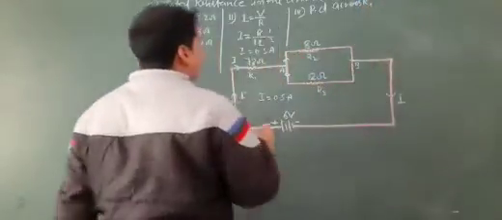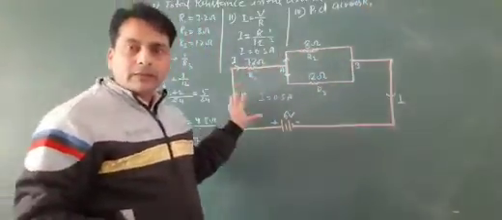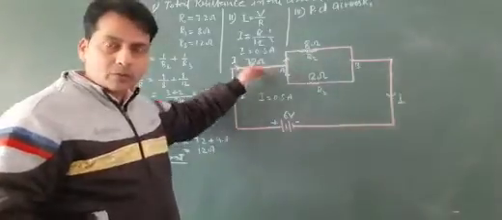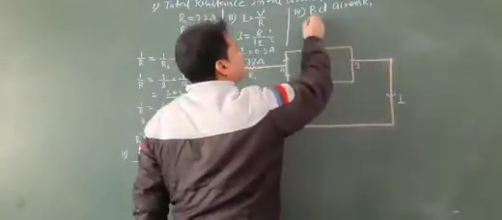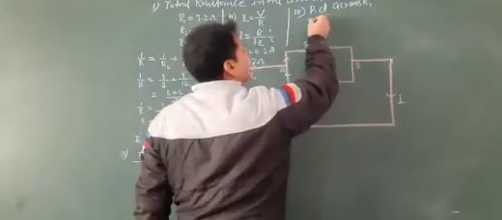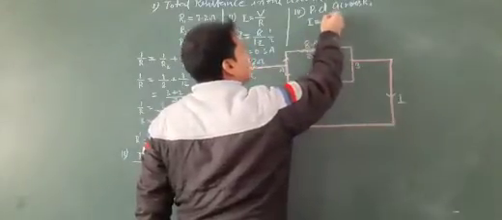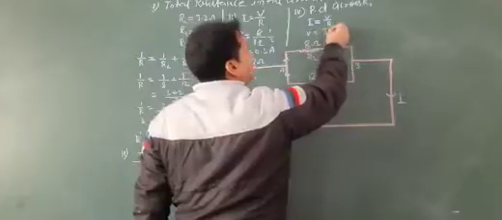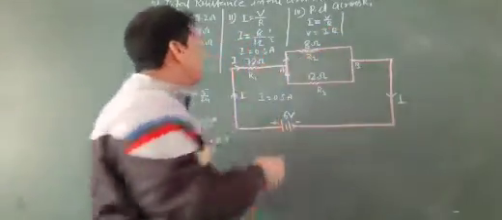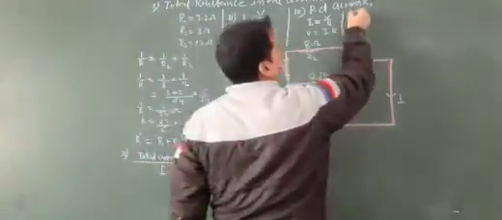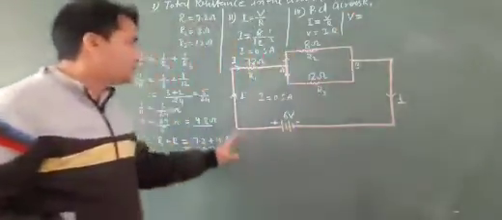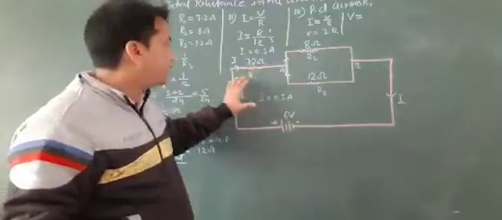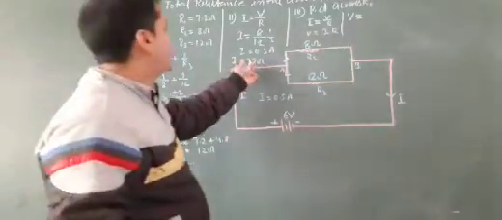The value of R1 is given here as 7.2 ohm. I, the net current or total current, flows through the 7.2 ohm. Since I equals V by R, V equals I into R. The potential difference across the 7.2 ohm is V equals I, the net current flowing through it, and the value of I here is 0.5.